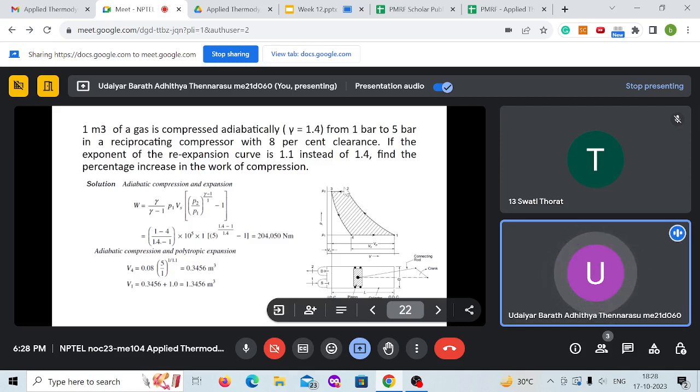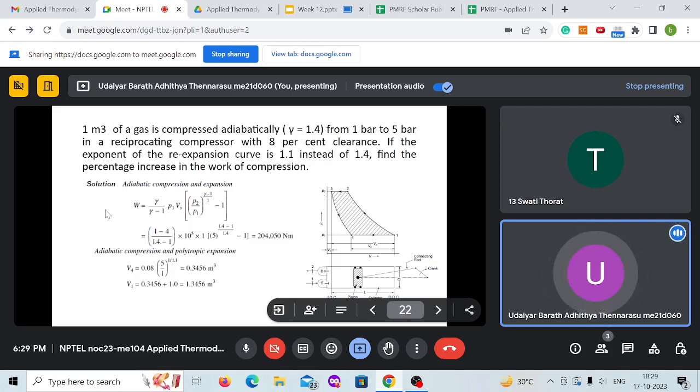Then 2 to 3 is your exhaust, and 3 to 4 is expansion of the fluid inside. Here 1 to 2 follows an adiabatic process, and for 3 to 4 the expansion exponent is 1.1. That's what is given. So we'll see how to solve this problem.